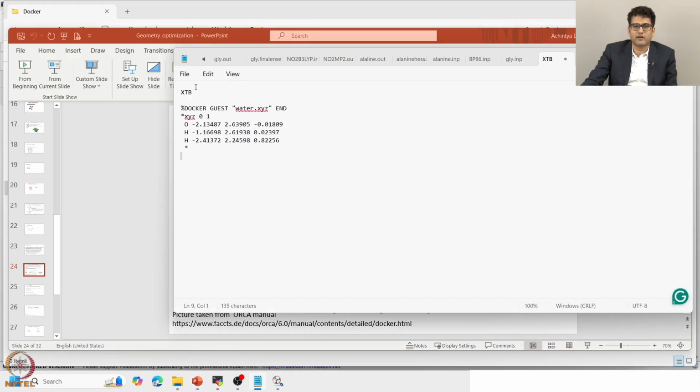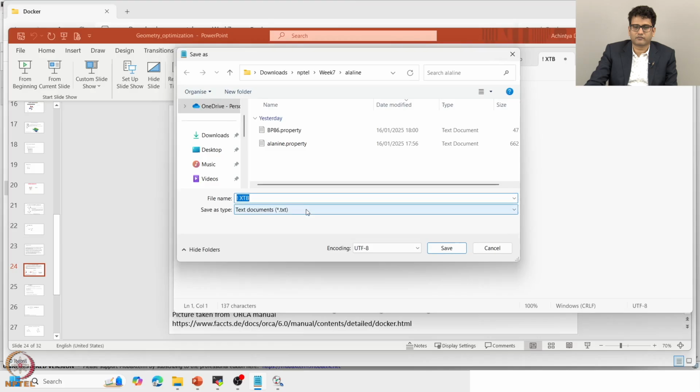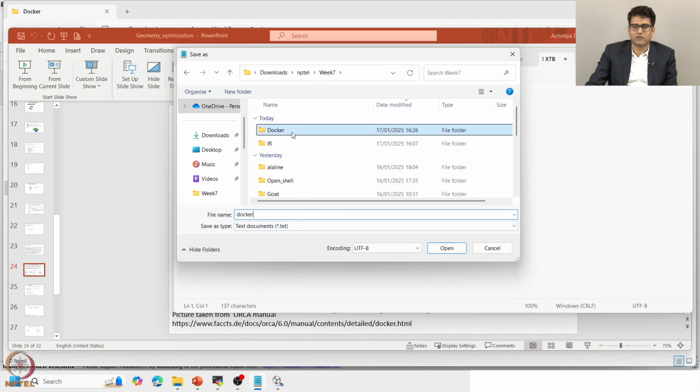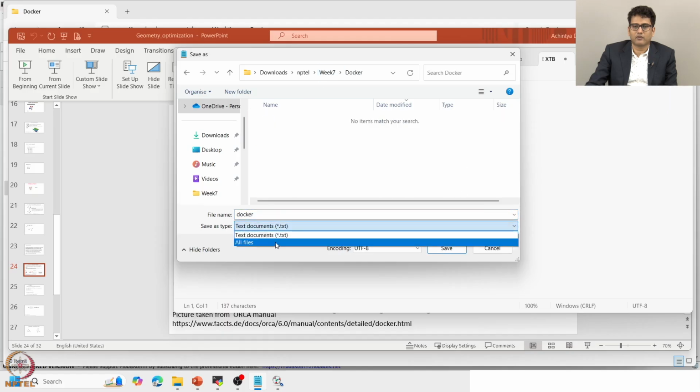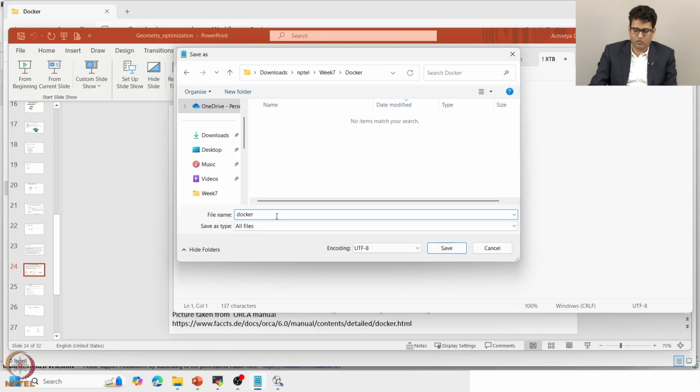This is fine. We have missed the exclamation mark. Now we can save it as Docker, and we want to make it an orca.inp file.